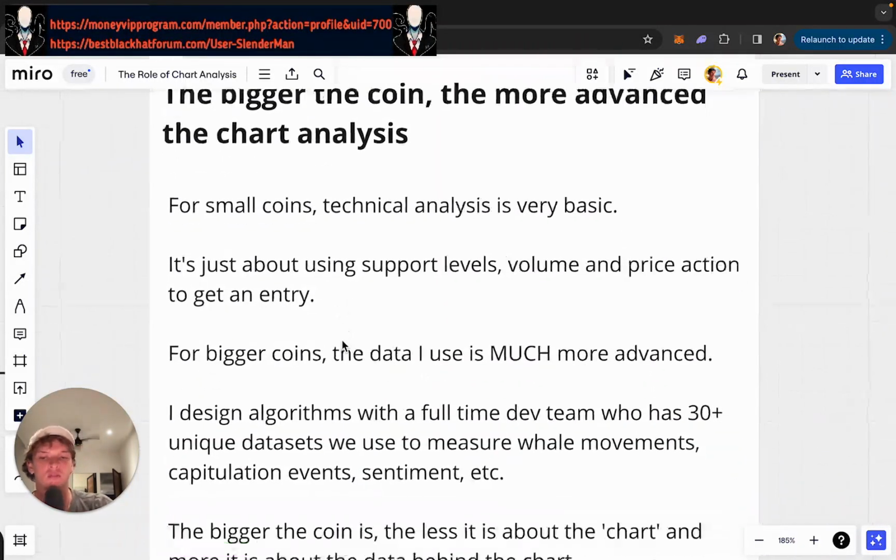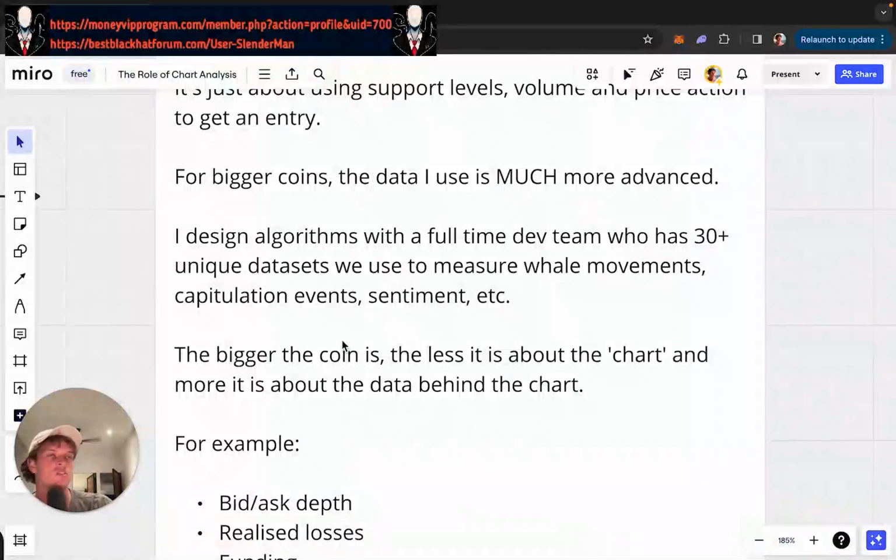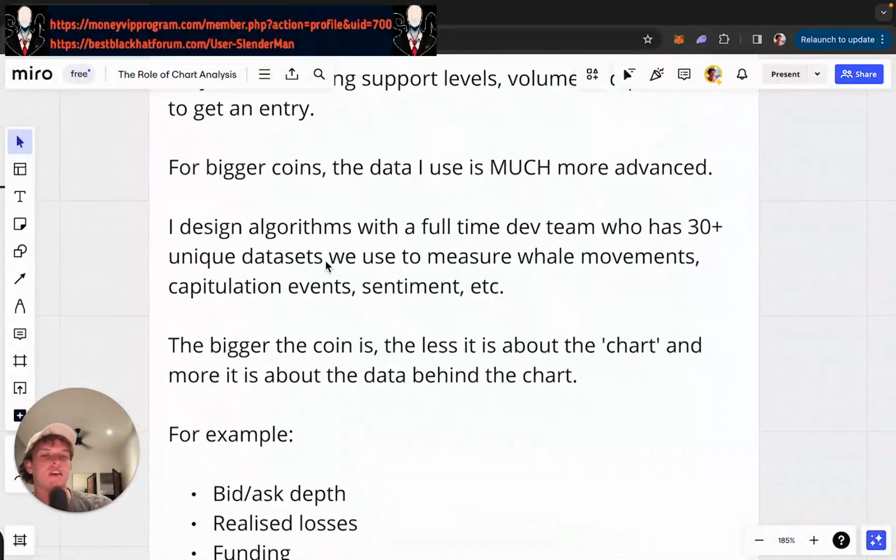So on the biggest coins, the top 100 coins, I have designed algorithms with a full-time dev team of multiple developers. We have 30 or more unique data sets at any time that we're using to measure whale movements, capitulation events, sentiment, funding data, all this different stuff, right? It's way more advanced. And the bigger the coin is, the less it's about the chart itself, and the more it is about the data behind the chart.